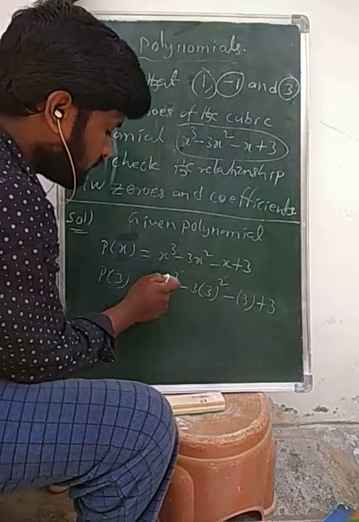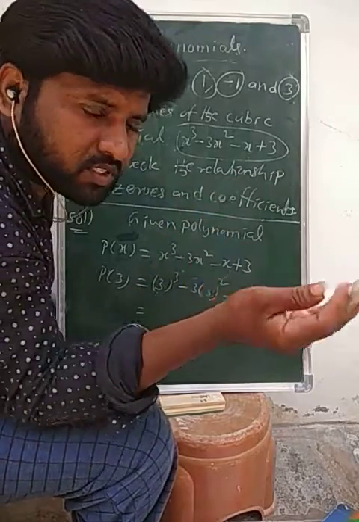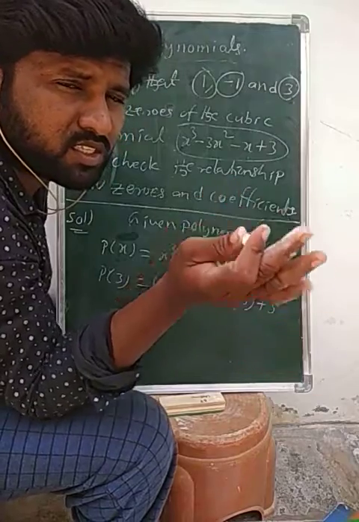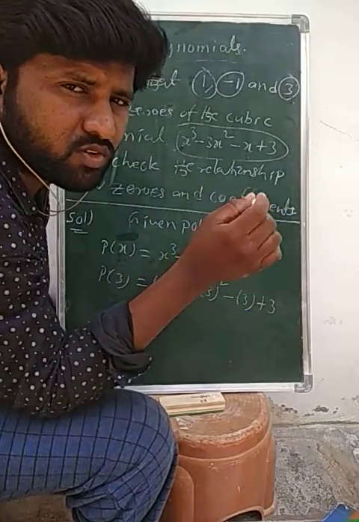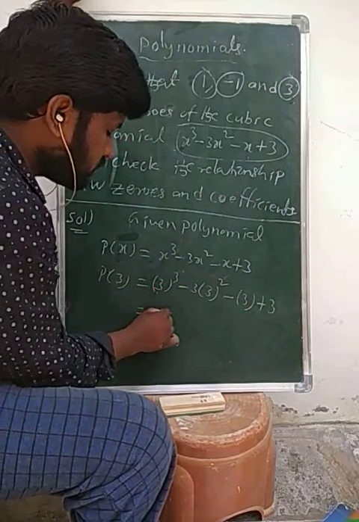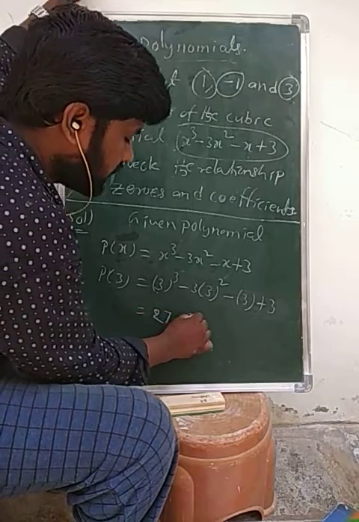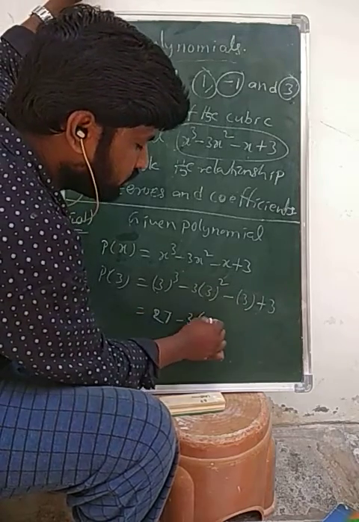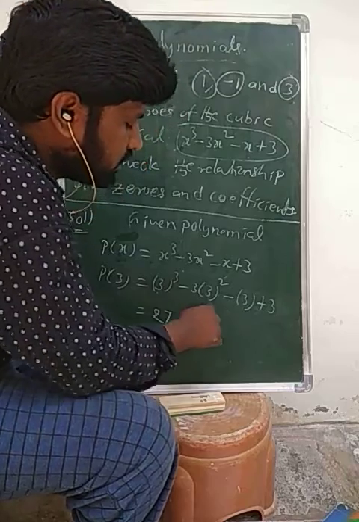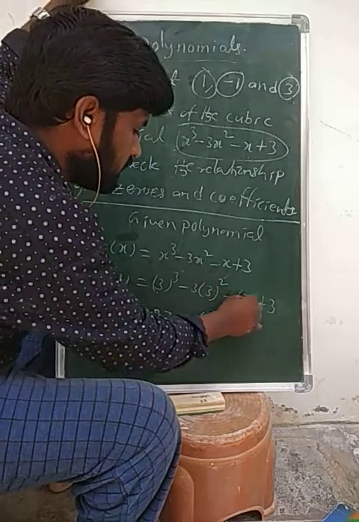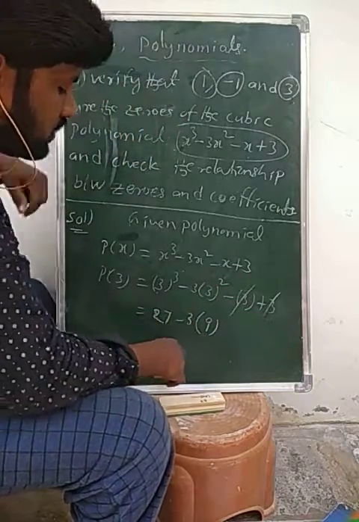Here 3 power 3 means 3 raised to the power 3, multiply 3 three times. 3 3s are 9, 9 3s are 27, minus 3 of 3 whole square, that is 9, 3 3s are 9. Here minus 3 plus 3 cancel.